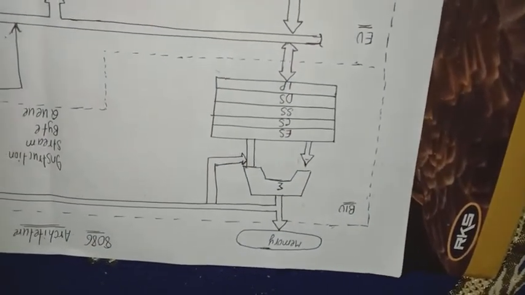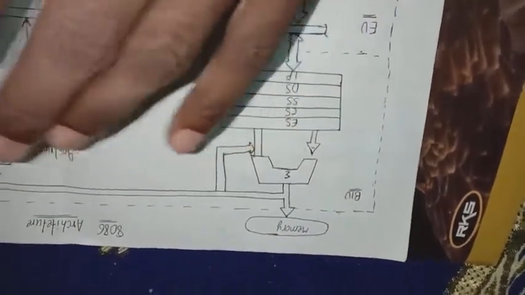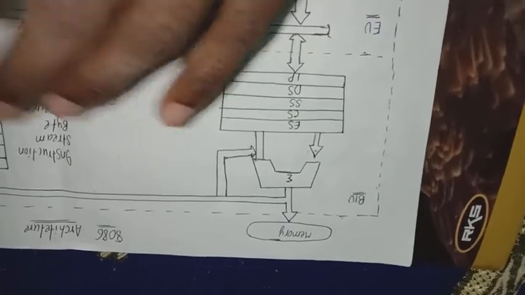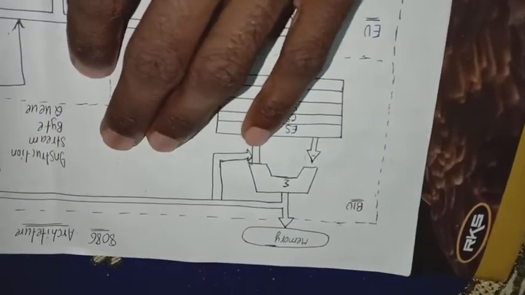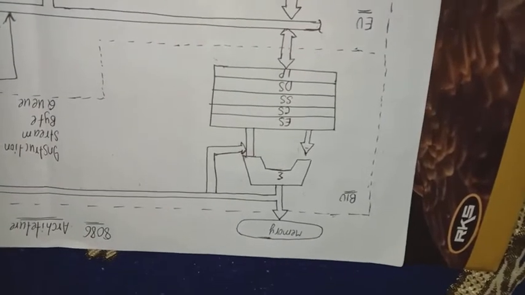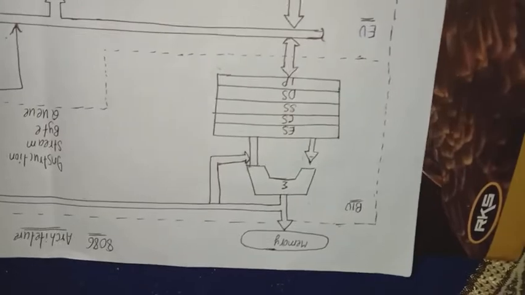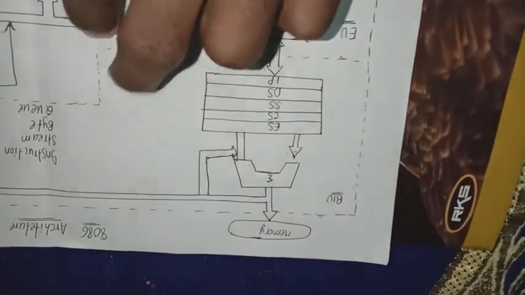Its previous version, the 8085, is slower than 8086, and 8086 is made to do the calculations or the instructions faster. That is how they introduced the pipeline concept.